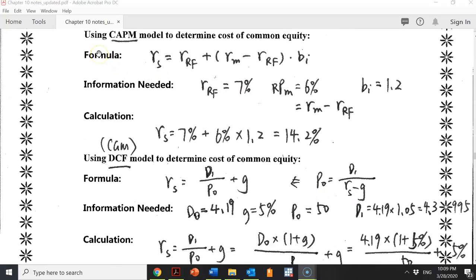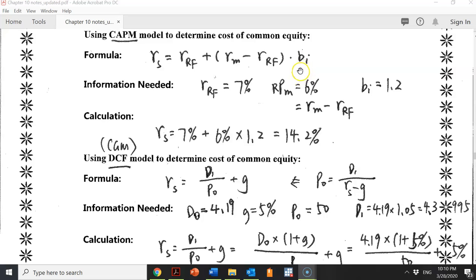So if we want to use the first method, the CAPM model, to determine the cost of common equity, we can use RS, cost of common equity, equals risk-free rate plus (RM minus RRF, market return minus risk-free rate, which together is called market risk premium) multiplied by beta of the firm.